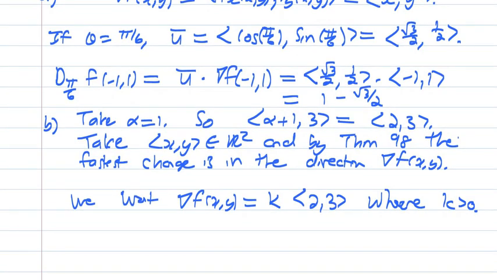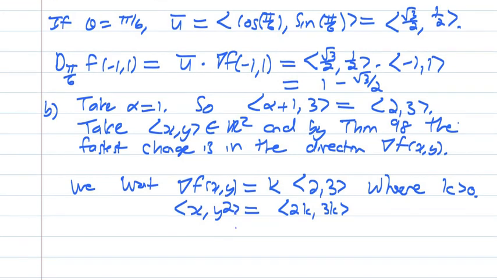And so we proceed. Grad f we've worked out is the vector x, y squared, and this now becomes the vector 2k, 3k.